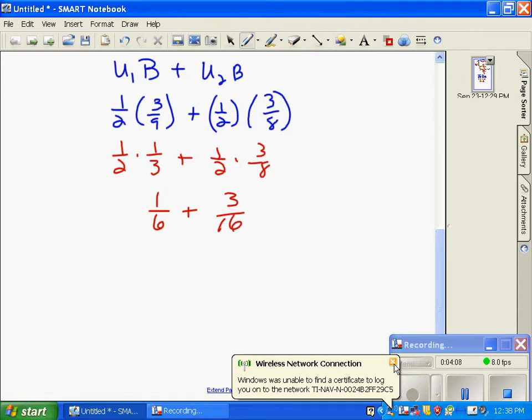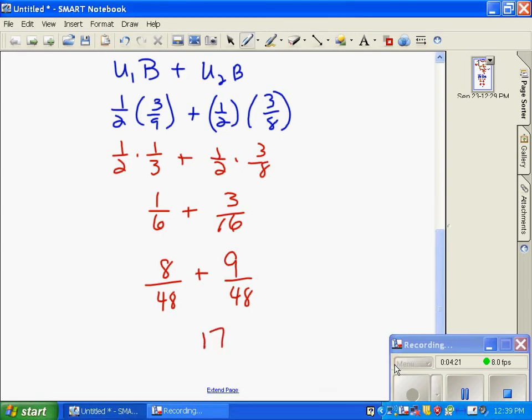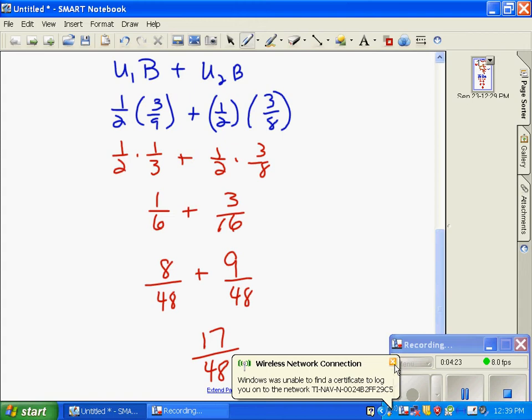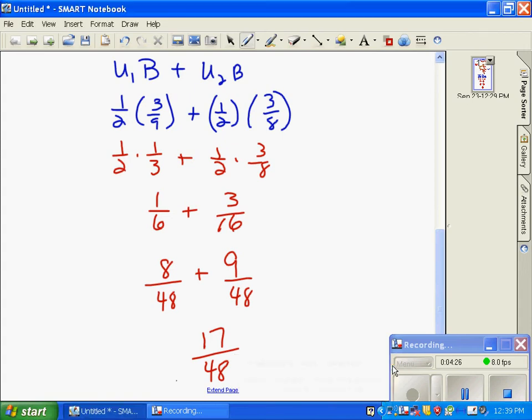Well, my common denominator I know is 48, because 6 times 8 is 48, and 16 times 3 is 48, so I'd have to multiply 3 times 3 to get 9 for a final answer of 17 over 48. I have no idea how to stop this thing from looking for this network, so we're going to keep seeing that popping up all the time. So our final answer is 17 over 48.